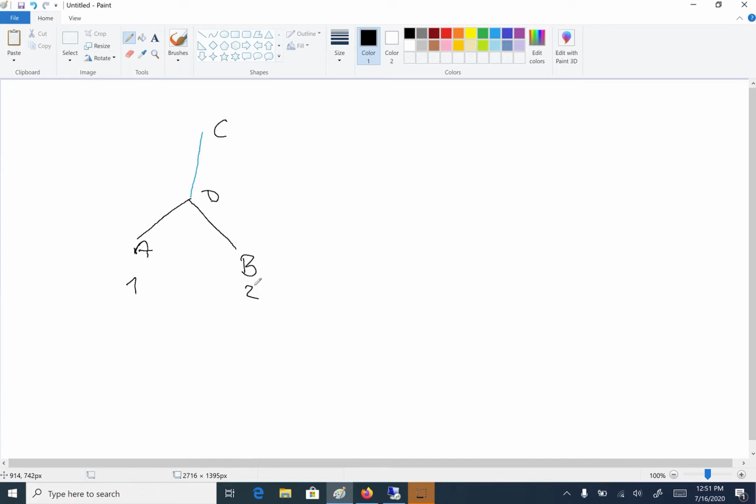B is equal to 2 feet elevation and C is 3 feet elevation. So we're given A, B, C, and we're given L1, L2 and L3. These are the leveling measurements.